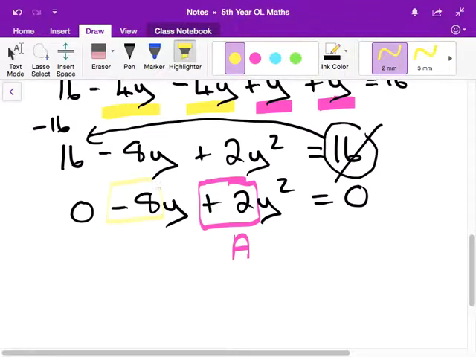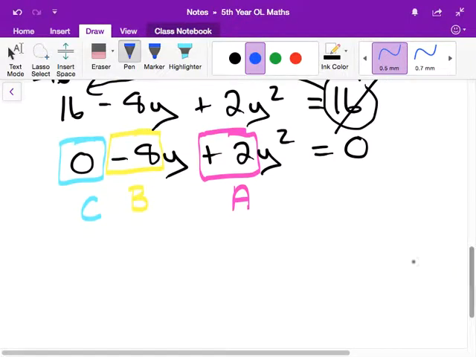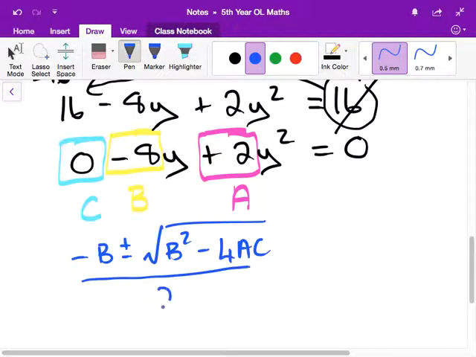Here is your b in front of y, and then this one here is your c at the end. So go into the table book, get the minus b formula, which is minus b plus or minus the square root of b squared minus 4ac over 2a.